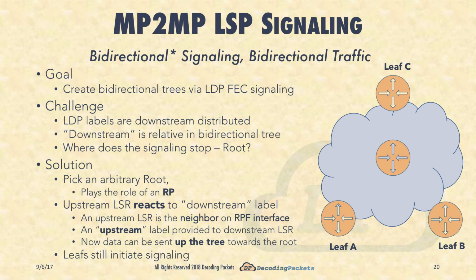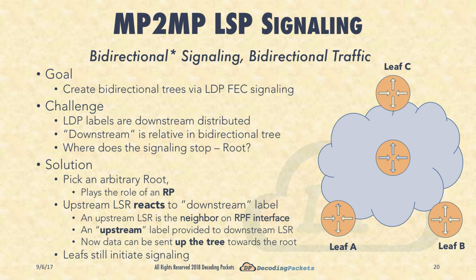It's simpler. We solve this problem by picking a completely arbitrary root. It's basically an LSR somewhere in the topology, right? Completely arbitrary. We can get into design discussions to debate what would be the best possible position for one, but from an MLDP point of view, from the protocol's point of view, it does not matter.